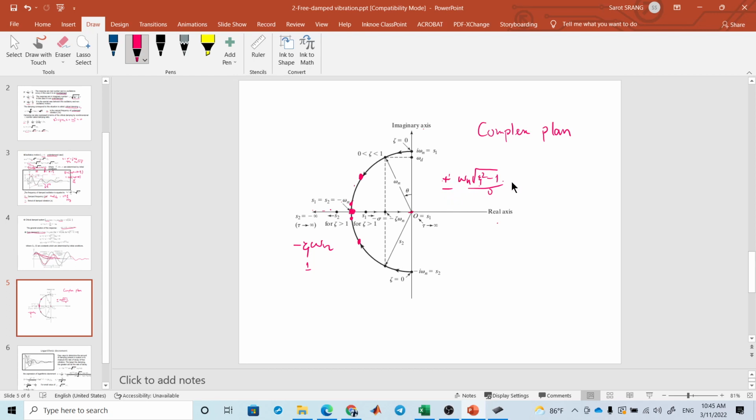So if this becomes a complex number, this term appears one up there and one down here. Always symmetric. That's why, for the roots of a second order polynomial, if the roots are complex numbers, they must always be complex conjugates. Okay? The complex part, one is plus, the other one is minus, which is symmetric.